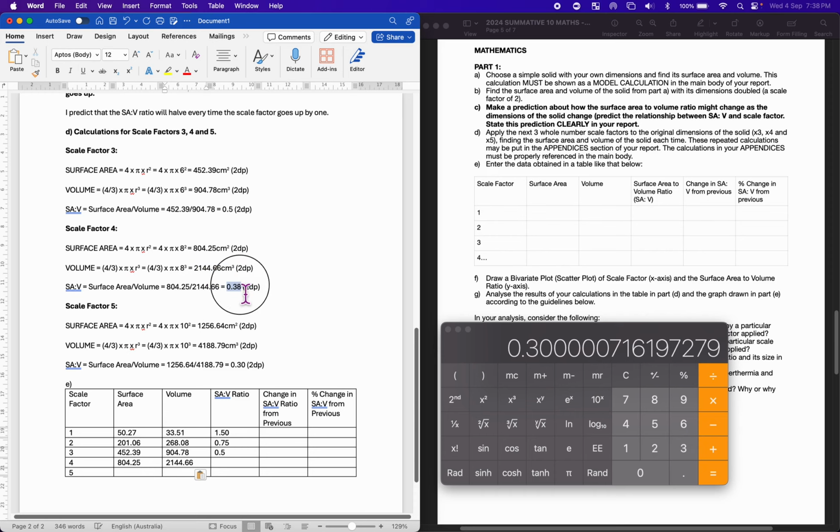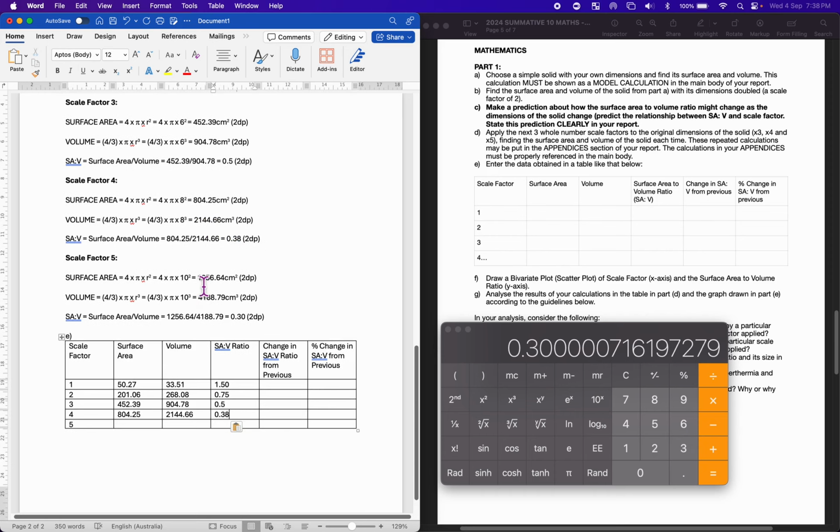Scale factor SAV ratio 0.38. 1256.64. 4188.79. And the SAV ratio 0.3. So you can see the table is pretty much full.